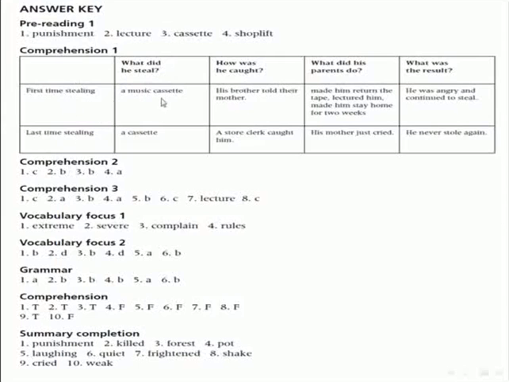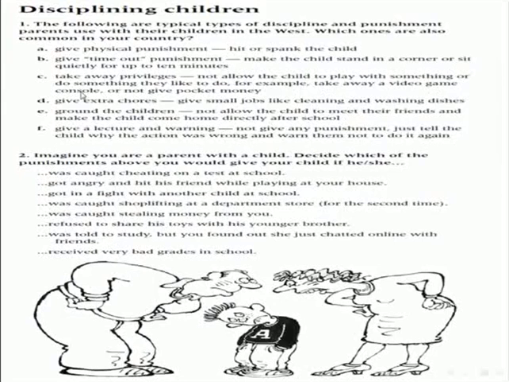First time a music cassette, last or second time only a cassette, and so on. Comprehension 2 and 3, vocabulary Fox 1, vocabulary Fox 2, grammar, comprehension, and summary. Right? Okay, what else?